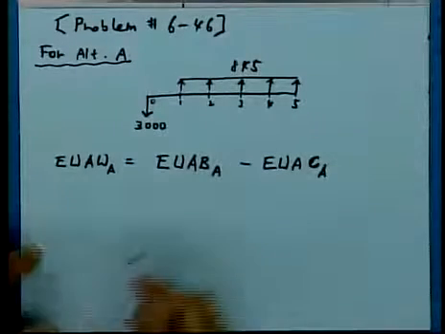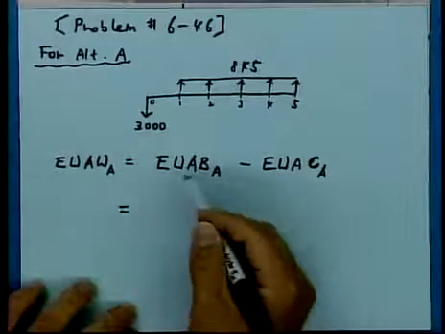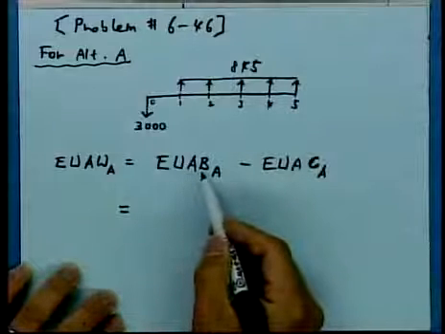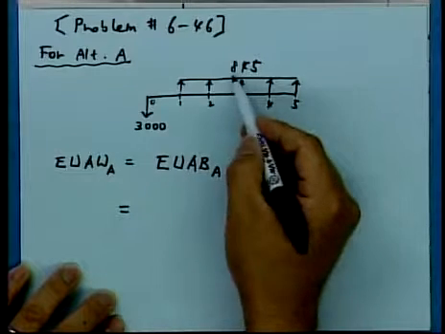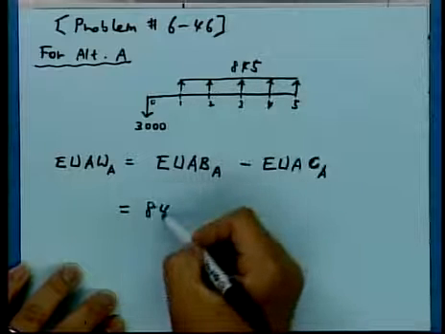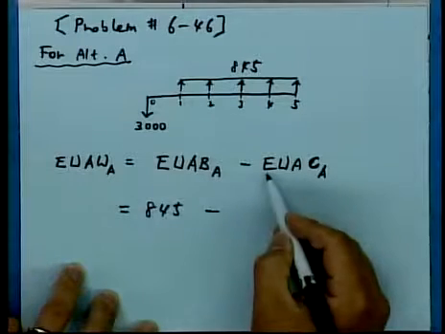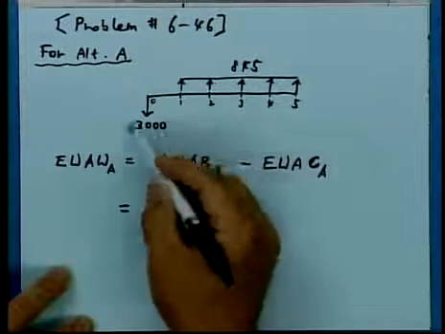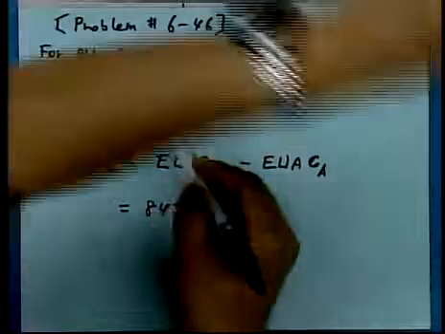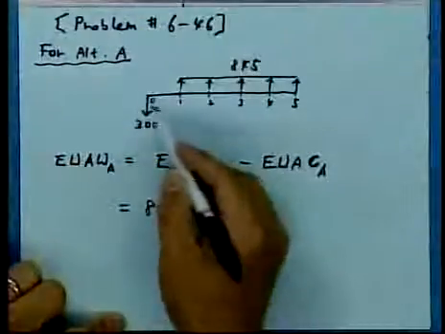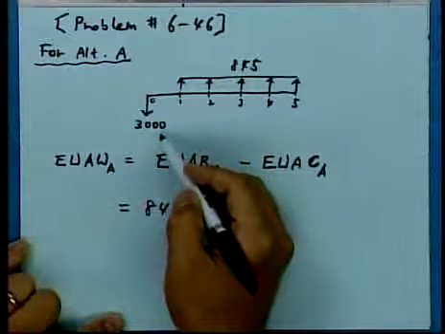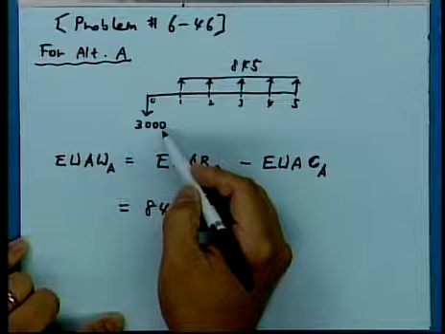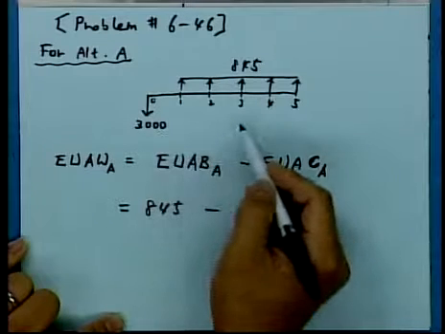According to this cash flow diagram, equivalent uniform annual benefit would be $845 minus equivalent uniform annual cost, which is related to the initial cost of $3,000. But this initial cost of $3,000 should be converted to an equivalent uniform annual cost.